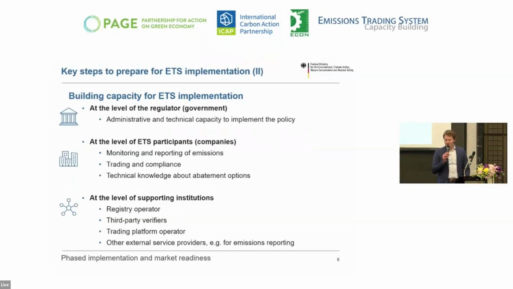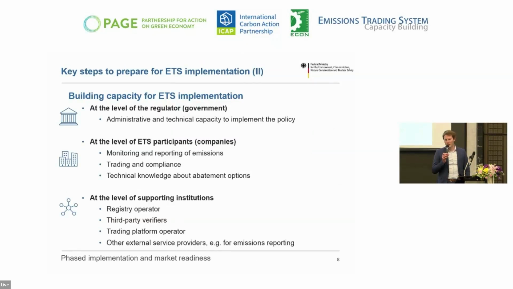Building capacity, this should happen at different levels. So at the level of the government, building administrative and technical capacity to implement ETS. It's what we're doing this week and also in other contexts. Also at the level of regulated entities, the ETS participants, most importantly on MRV, which is the precondition for a system to run, but also on trading and compliance later on.